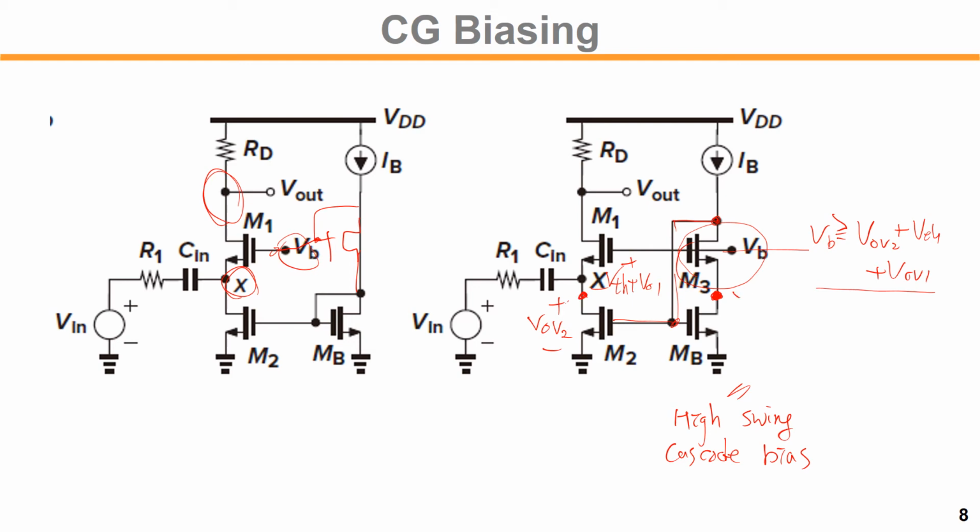So by having this kind of high swing cascode device, we ensure that Vx node voltage and Vy node voltage are similar, so that I1, I2 and IB can be similar, right? If you have a different drain voltage, you know that there is current mismatch. So this is a way to minimize the current mismatch, right?